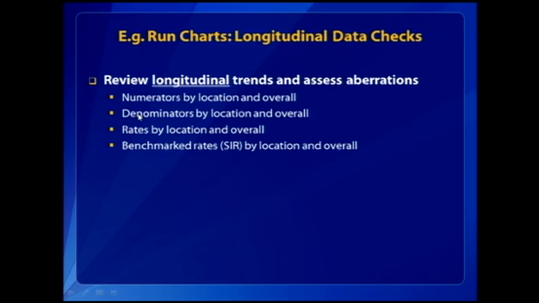You could look at numerators by location and overall, denominators by location and overall for your facility, rates of infections by location and overall, and then the benchmarked rates, the SIR, by location and overall. So that was a lot to suggest.